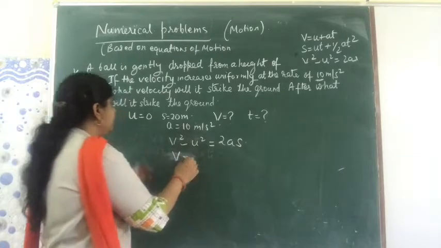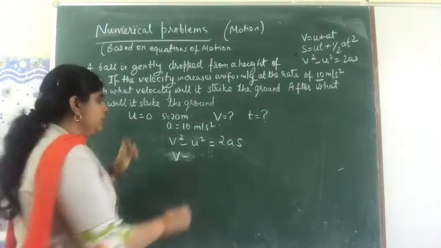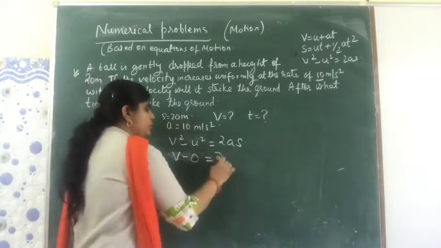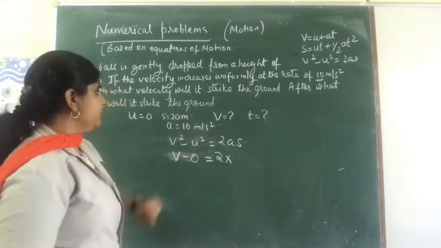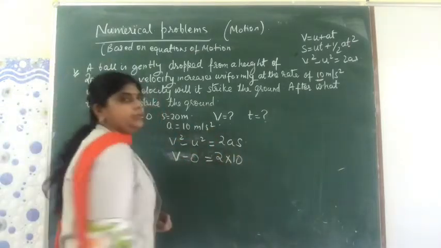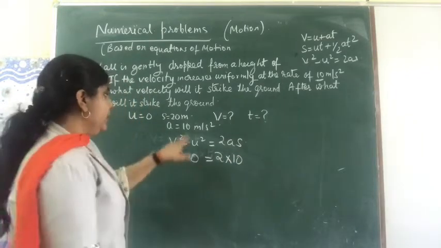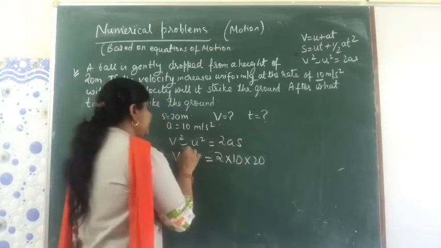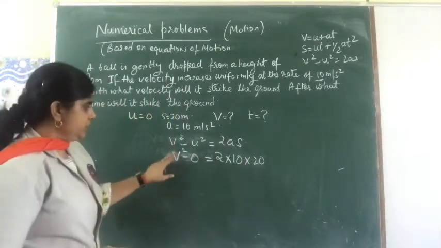Initial velocity is 0, so it will be v square minus 0 is equal to 2 into acceleration, which is 10, and the distance traveled, which is 20, right?